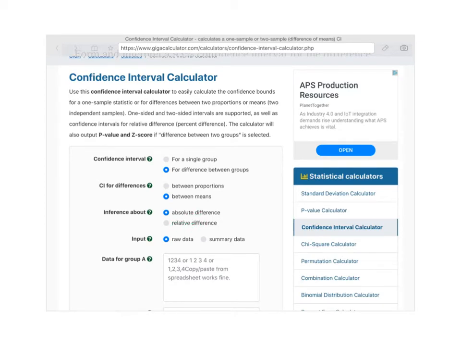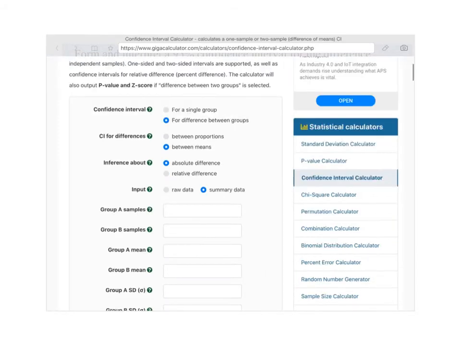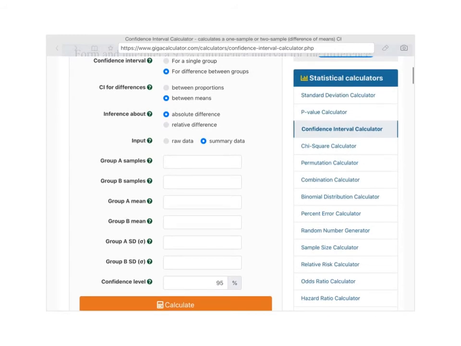And then it gives you 2 options to input. You can input the raw data, like in number 2 and in number 4, or you can input summary data. So watch what happens when I click summary data. It drops down a couple of entry boxes, and then I can fill in my stats for the problem, right?